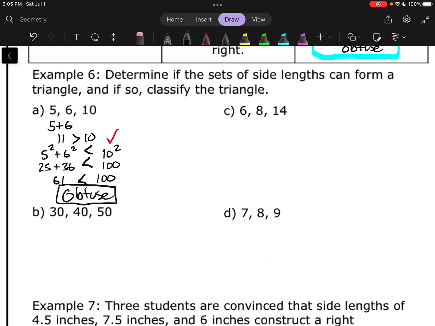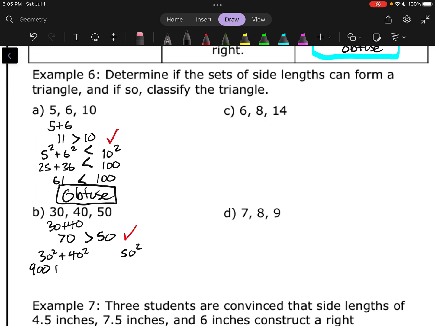Okay, next one. So 30 plus 40 is 70. 70 is bigger than 50, which means, cool, it is a triangle, so we'll move on and figure out what kind of triangle it is. So now we'll do 30 squared plus 40 squared, and compare that to 50 squared.